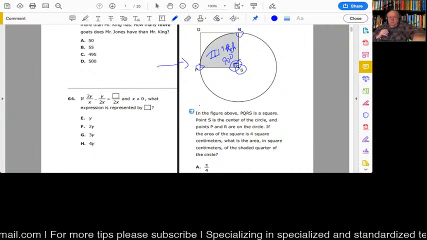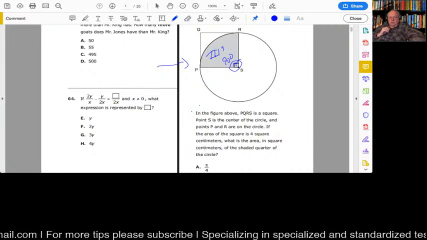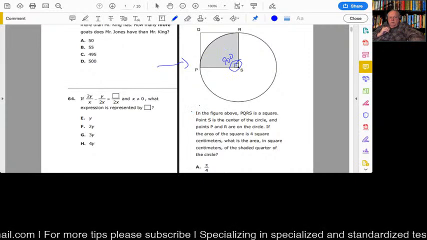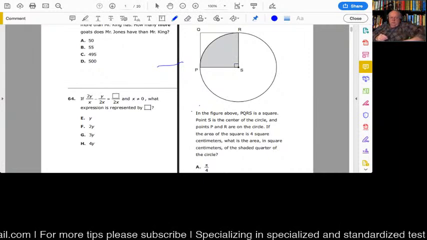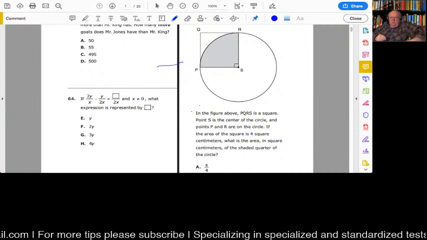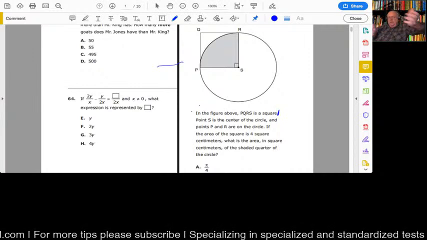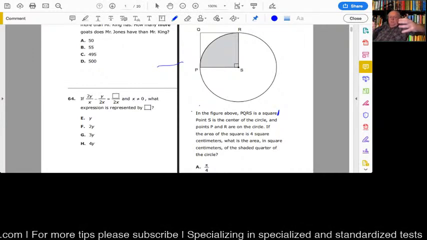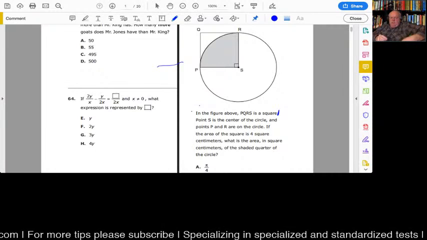What I'm going to do is get rid of some of the notes I just made, just to declutter it for you guys, because I don't want this to look like chicken scratch everywhere. So, in the figure above, PQRS is a square. Check. I like to break the problem down into sentences, and within each sentence, into phrases. So PQRS is a square.